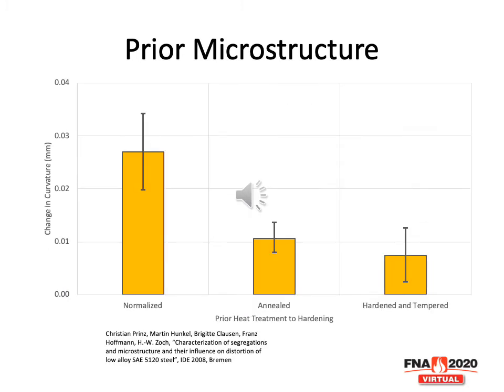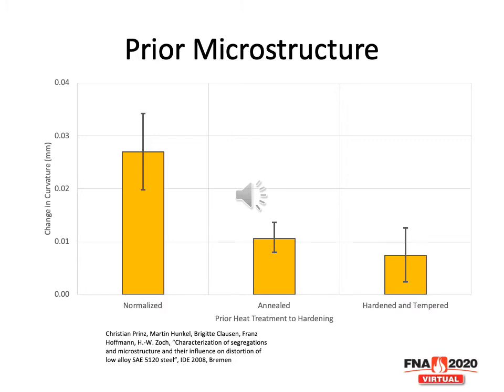In another study by Prinz, Hunkel, Hoffman and Hans Werner Zoch, they looked at the effect of microstructure on distortion in 5120. They looked at different types of prior processes, whether it was normalization, annealing, or hardened and tempered prior to hardening, and they looked at the resulting distortion.